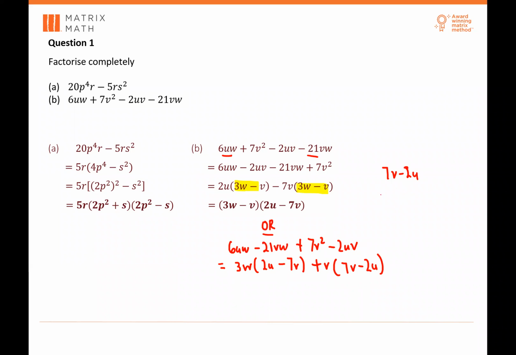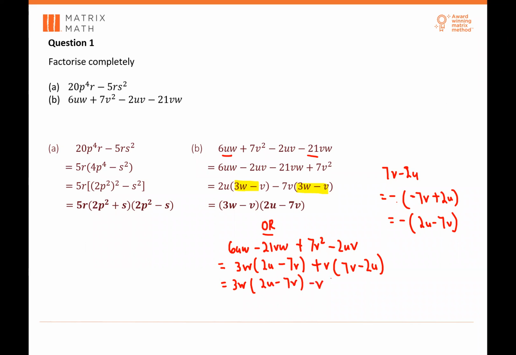So this can only happen if you put your negative sign in front. Negative sign in front, minus 7V plus your 2U. And you get your negative 2U minus 7V. So if I change this, I must remember to put my negative sign in front of my V. So I'm just going to copy this down.